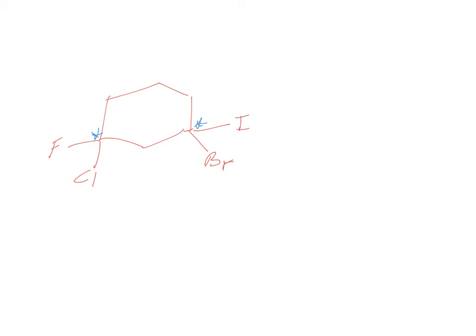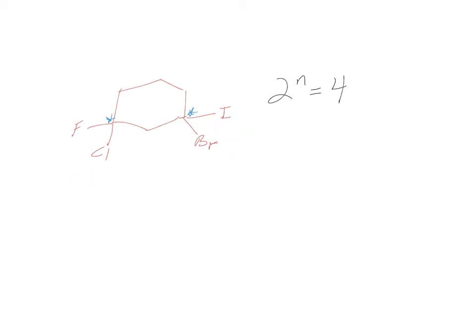If you have 2 asymmetric centers, how many possible stereoisomers are there? That is 2 to the n, where n is the number of chiral centers. Here we have 2, so 2 to the n would be 4. So there are 4 possible combinations of different structures, stereoisomers. So let's draw all of those.